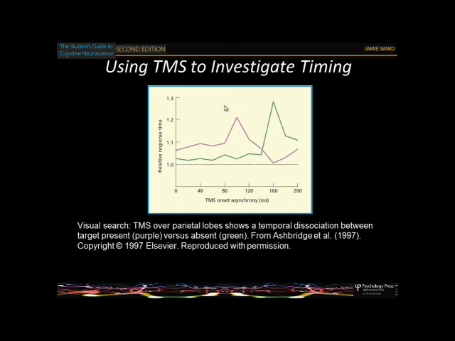So TMS between 80 milliseconds and 120 milliseconds affects your ability to find something from an array of other visual things. In another condition, it doesn't. So it enables you to address questions of when a part of the brain is being activated. You can't get this from fMRI, because fMRI works over a different time course.